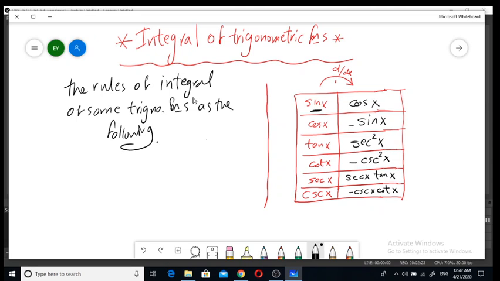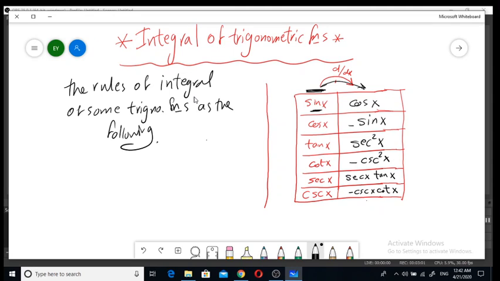Actually, as we have studied before, the derivative of the left side will be the right side. The derivative of sine is going to be cosine, cosine negative sine, tan sec squared, cotan negative cosec squared, and so on. And as we have studied before, integration is the reverse or inverse operation of differentiation.